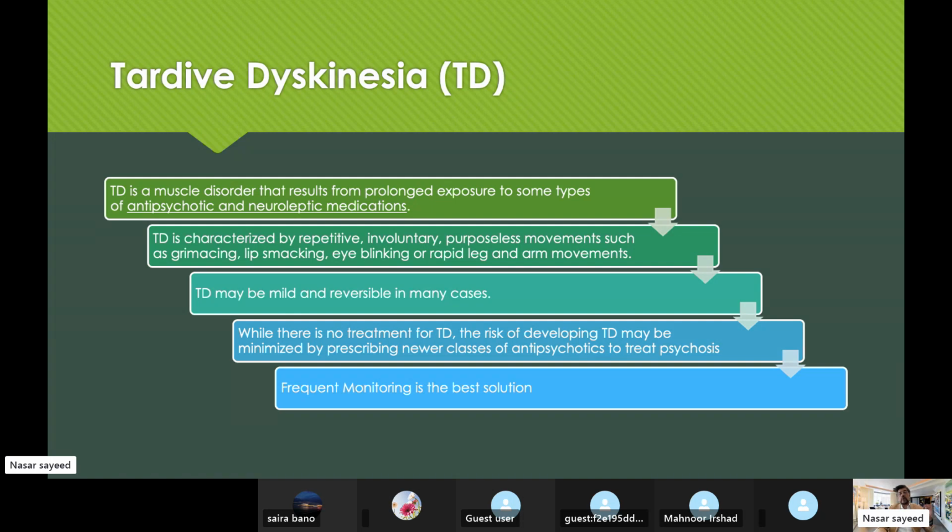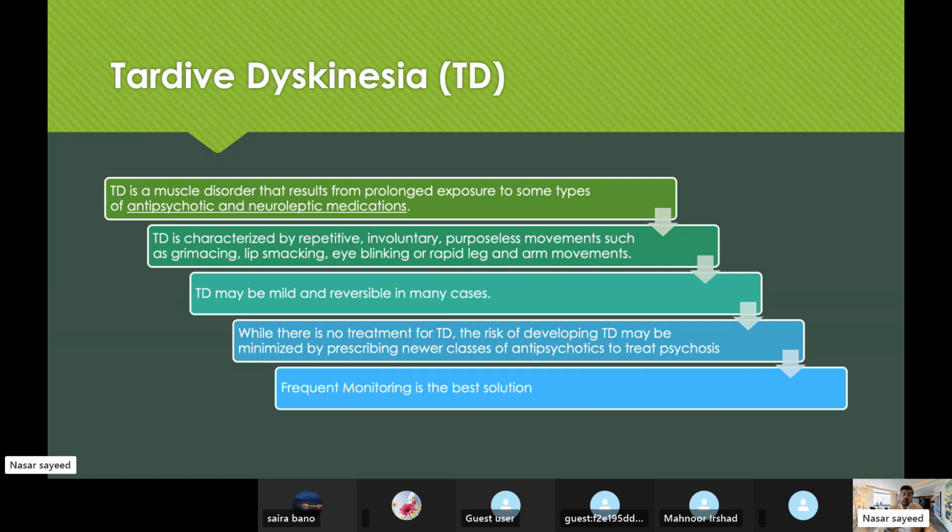The moment I saw him, I said, oh, this is TD. And then when I realized that he is on lorazepam, it was complicated. And I asked them the question, why you never bothered to consult a psychiatrist or a physician when he started developing these movements? And they said, well, he was so well that nothing happened. But then they went to the family physician.